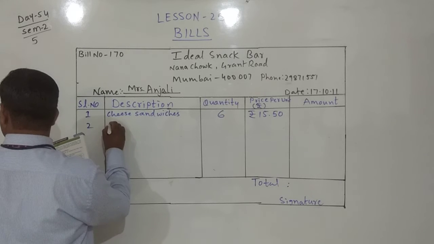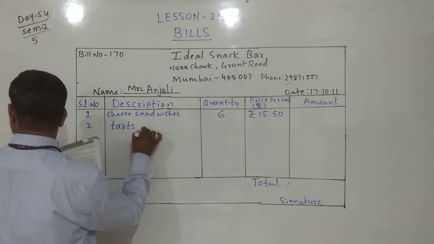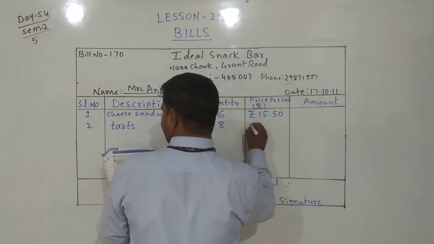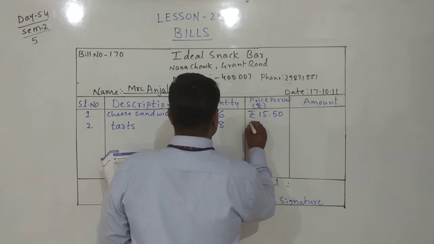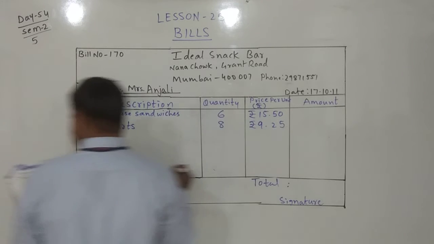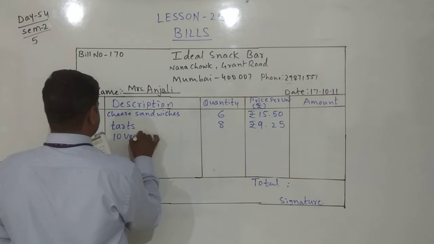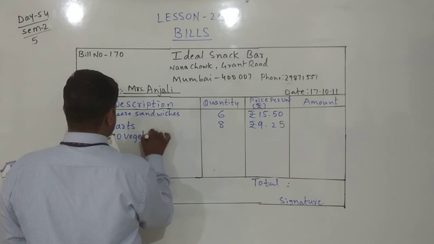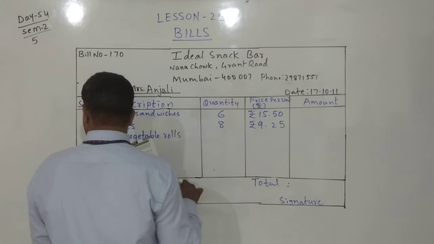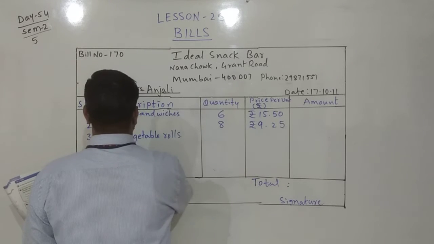And the second item she purchased: 8 tarts. How many? 8. The price per tart is 9.25 rupees. Then 10 vegetable rolls.